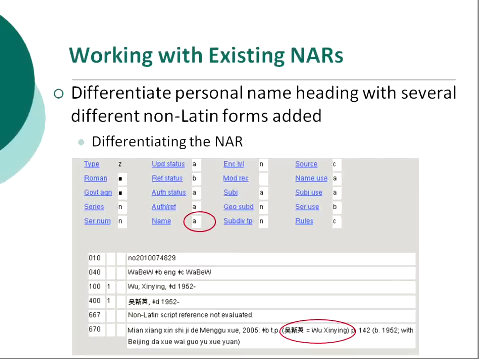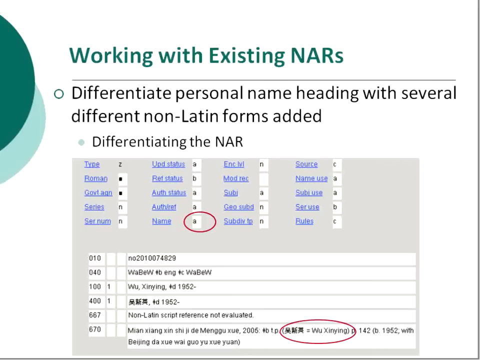First, the cataloger created a new authority record, which is a differentiated heading for this author. And he or she took out the 670 field from the previous undifferentiated record. Now, you notice that the author who wrote the work in the 670 field here actually has a different non-Latin script name, which is not represented in either of the 400 fields in the undifferentiated record.